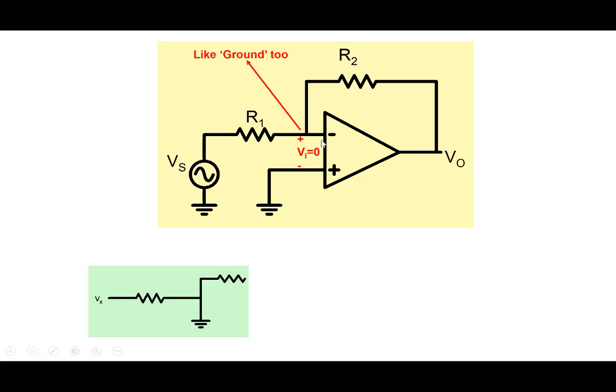There's a very high resistance, and the drop across it is 0, and the current is also 0. A real ground would have had all the current flow into the ground. But in this case, the current that comes in here will go up, because nothing can go into the op-amp because of the very high resistance, and Vi equal to 0. So very little voltage along with very high resistance, so the current is negligible. Hence the name virtual ground.